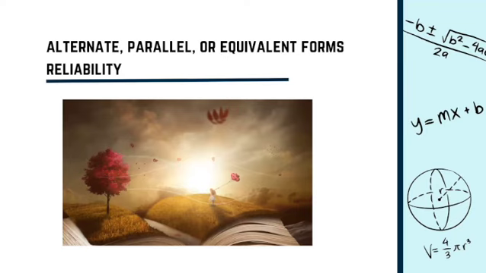Just like making both storybooks have the same words and pictures, having good alternate, parallel, or equivalent forms reliability means ensuring that these different versions of the test measure the same knowledge or the same skills and provide similar results when given to the same group of people.